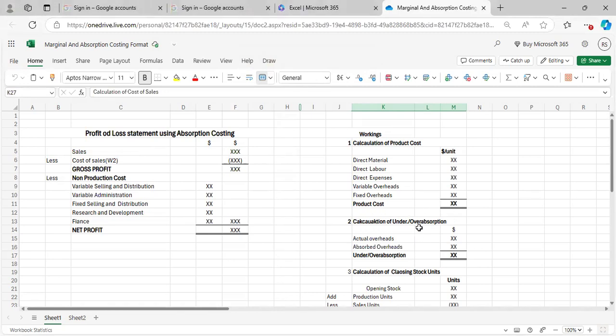Now, in absorption costing, fixed factory overheads are absorbed in the product cost. So you have to calculate under and over absorption of overheads.